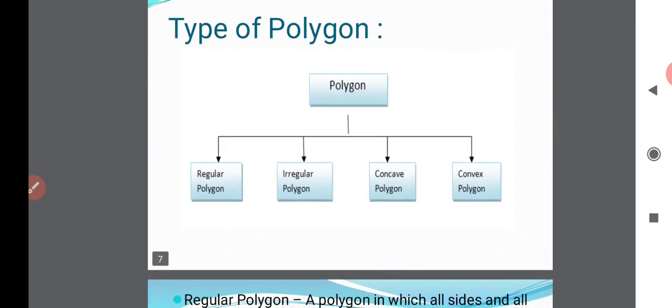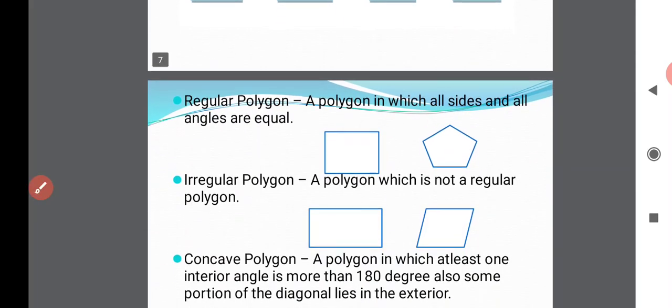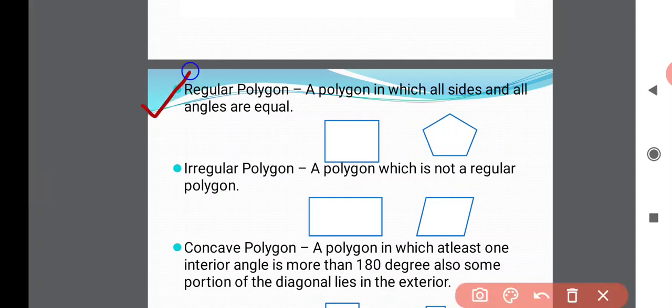Now let's see the different types of polygons. Polygons are further categorized into the types: regular polygon, irregular polygon, concave polygon, and convex polygon. Let's take a brief look at each of these types. Regular means all the sides and all the angles are equal. If sides and angles are equal, then it is known as a regular polygon.